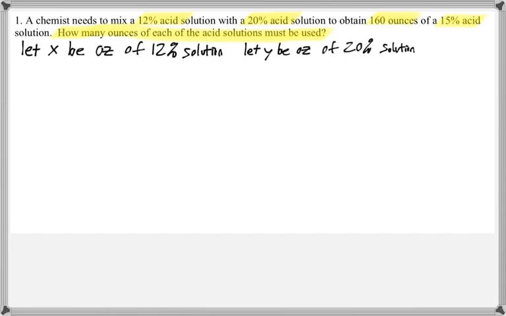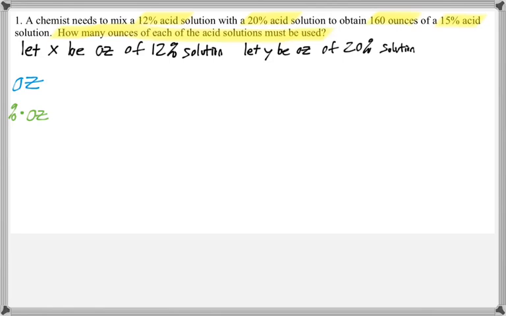Okay, so I need to make two different equations. You always need to have two equations when you're solving a system of equations, otherwise you can't solve for it. So I want to make an ounce equation, and then my other equation is actually going to be percent times ounces.